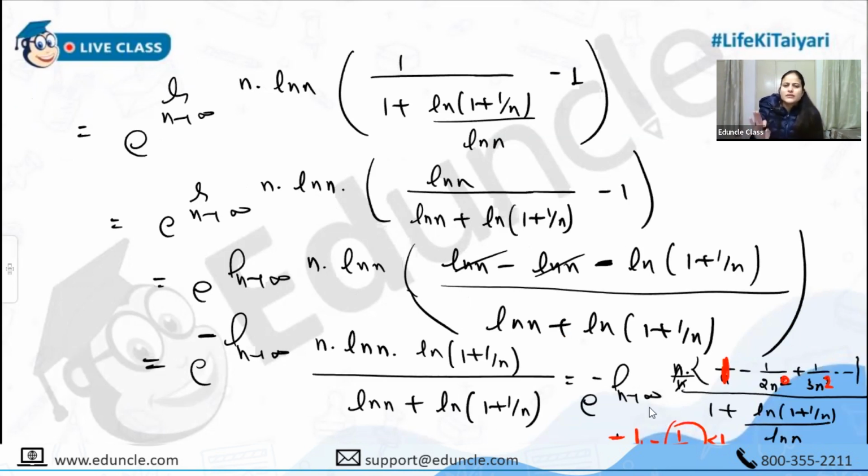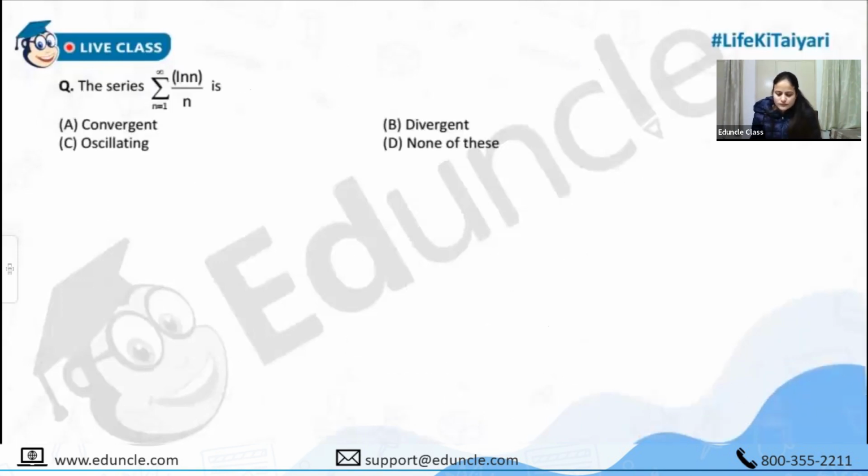Anyway, the thing is the answer is 1/e which is less than 1, so my series is convergent, that's all. I'm not talking about the total. Okay, you are not talking about the total, so okay. I was considering that you were talking about the total. Okay.